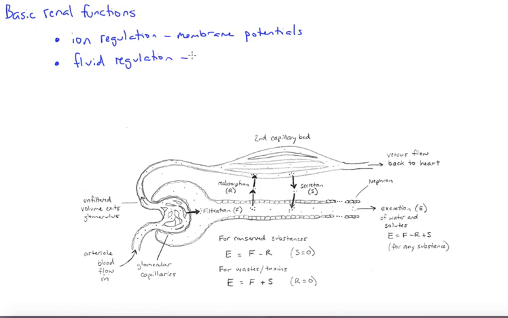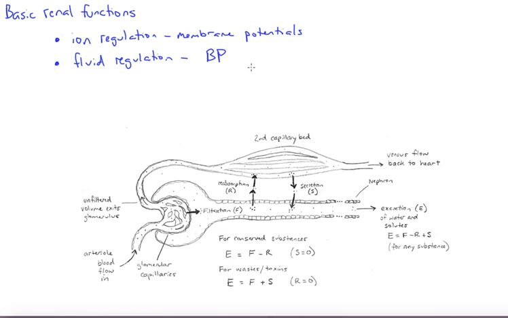And the reason fluid regulation is so important has to do with a couple of things. One has to do with blood pressure. If you think back to the cardiovascular section, blood volume is a major determinant of cardiac output. And of course, cardiac output is a major determinant of blood pressure.